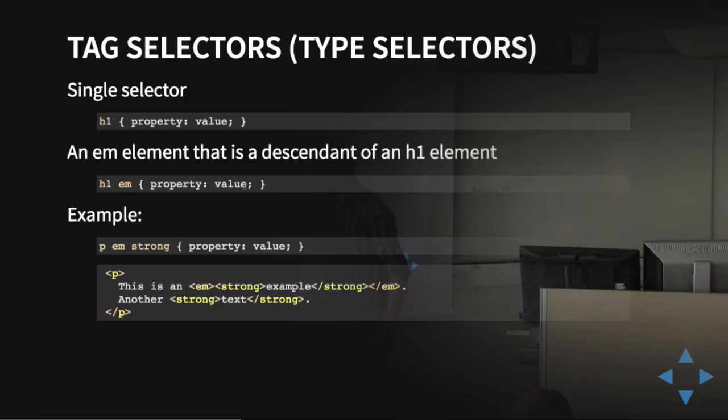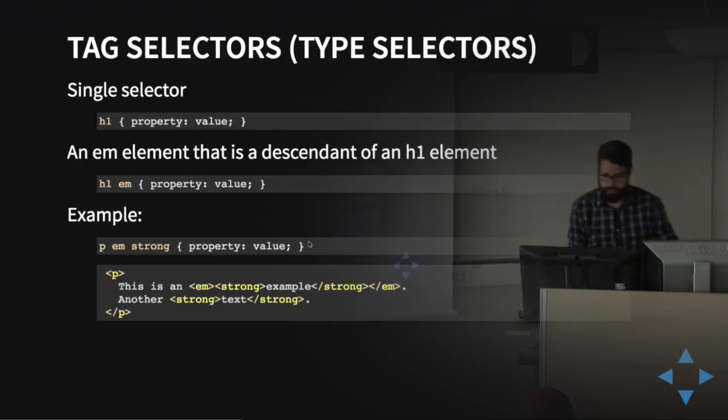So this strong here is a descendant of this one because it's inside of the EM, which is inside of the P. So the EM is a descendant of the P. So this text here will be selected because this statement is true. However, this one is not true, so this text will not be selected because this strong is not a descendant of an EM. So this will not be selected.